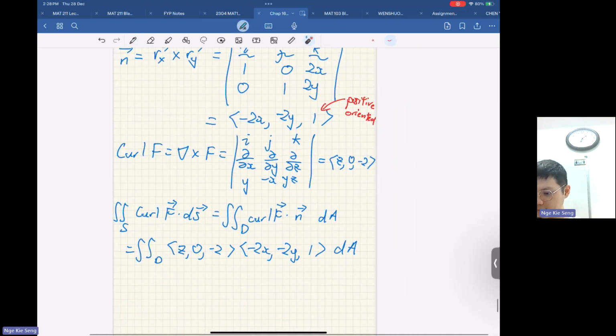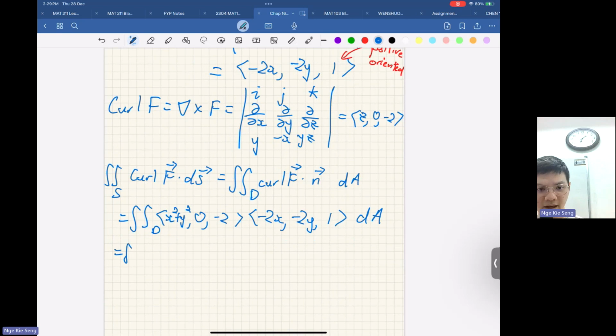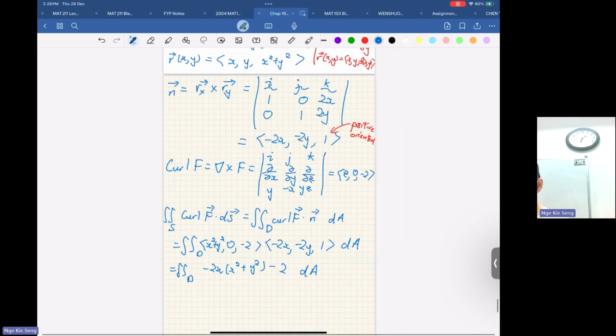So we need to replace this z, because this vector field is happening on my surface. I need to replace the variable on my surface. Altogether I get minus 2x times x squared plus y squared minus 2. Okay, good. So here is D.